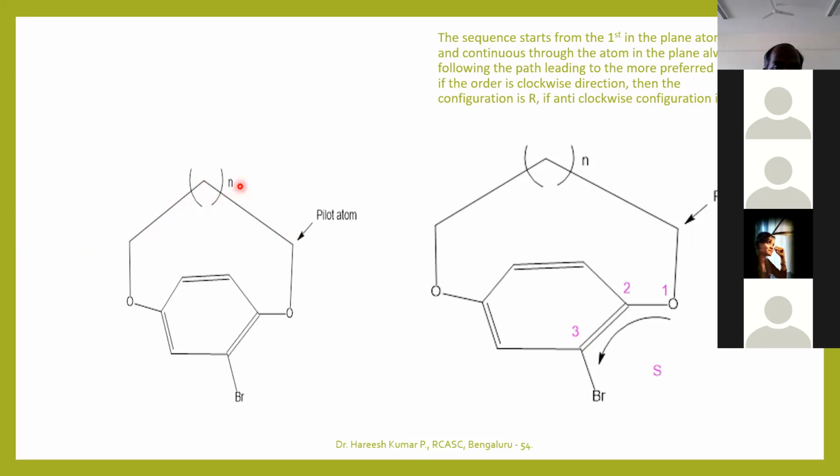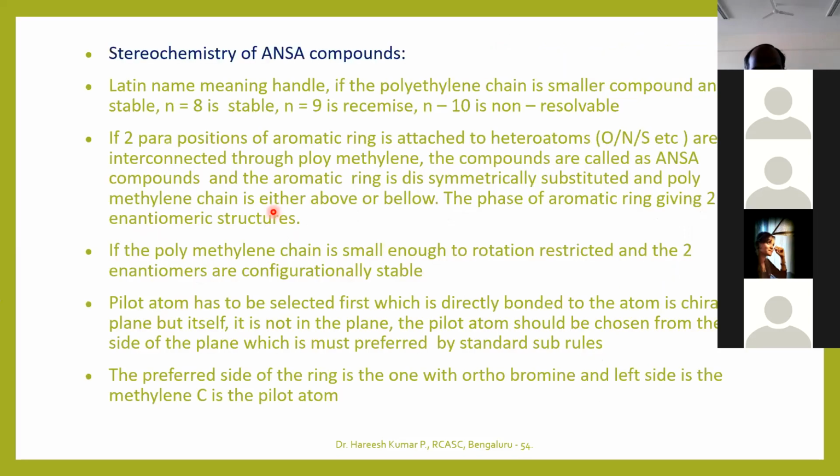And n is equal to 9 is also stable, but n is equal to 10... Here you can observe that I have mentioned n is equal to 8 is stable, n is equal to 9 is racemized, n is equal to 10 is non-resolvable. So that is the thing you need to remember.